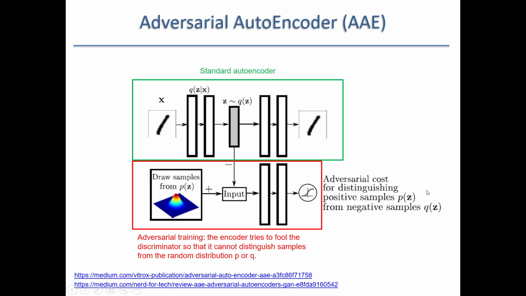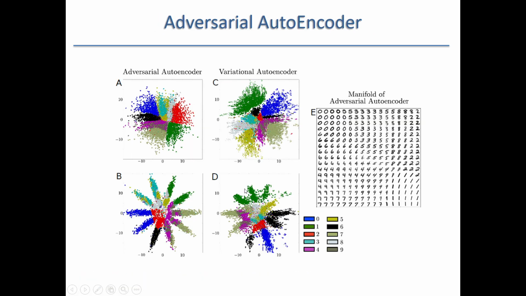Here the adversarial cost is to distinguish, at the level of distribution, whether the distribution coming from this branch is a distribution coming from true images, or it is a distribution coming from this one. And here we have some results for the adversarial autoencoder, comparing it to the variational autoencoder.